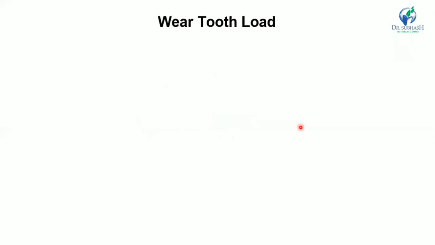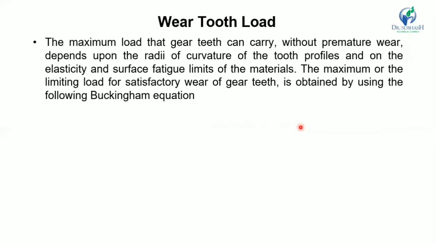Now the wear tooth load. The maximum load that the gear teeth can carry without premature wear depends upon the radius of curvature of the tooth profiles and on the elasticity and the surface fatigue limits of the material.